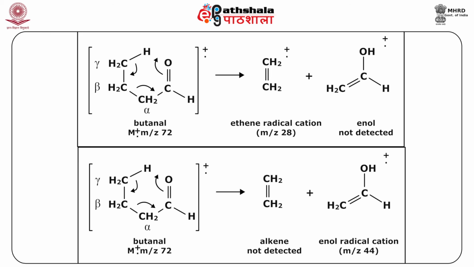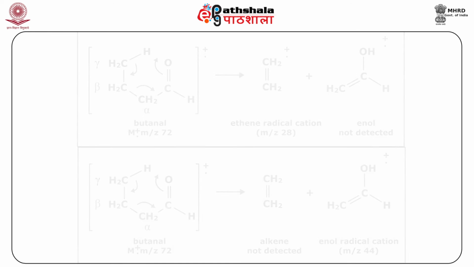This is clearly shown to you here, how the m/z value of 28 with the ethene radical cation is being generated and the enol which is not detected. And again here you can see the enol radical cation with the m/z value of 44 which is detected, however the alkene is not detected.